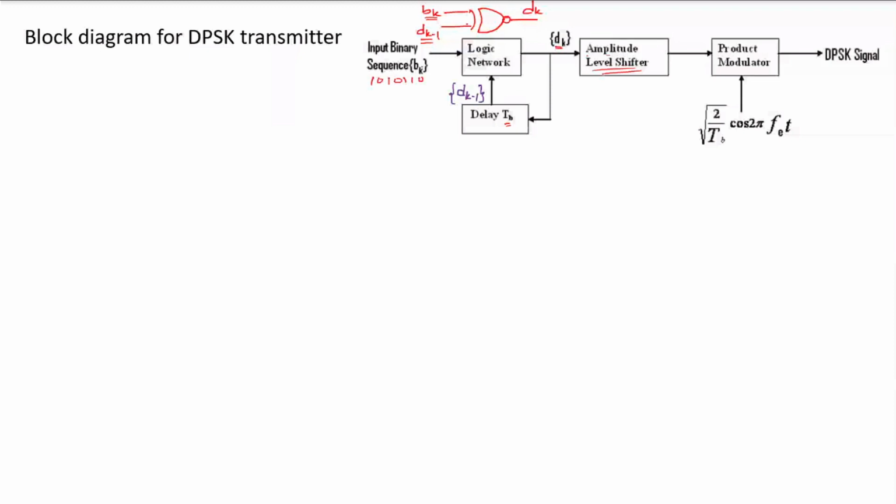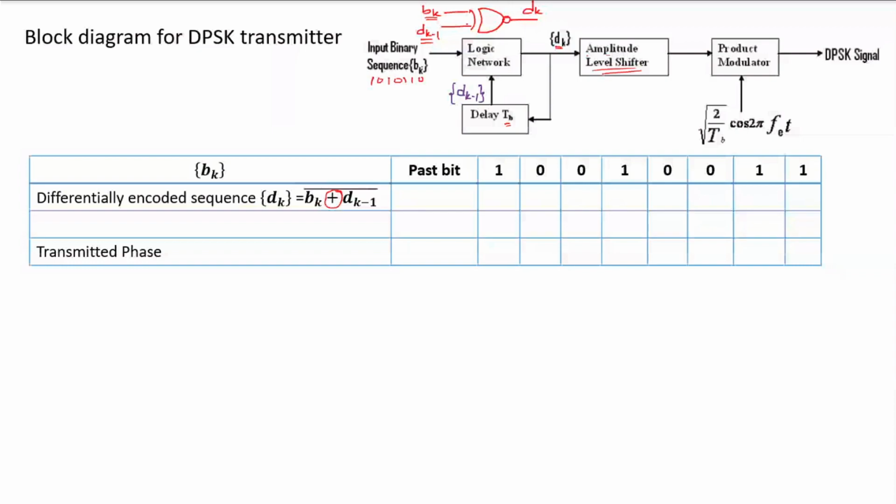Let us take an example. Let us assume the binary sequence is 1 0 1 0 0 1 1.